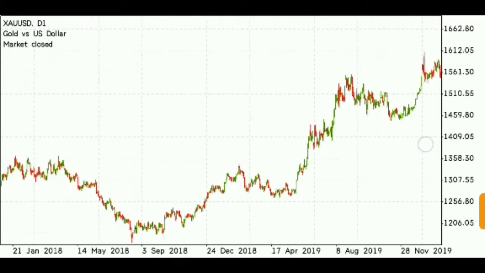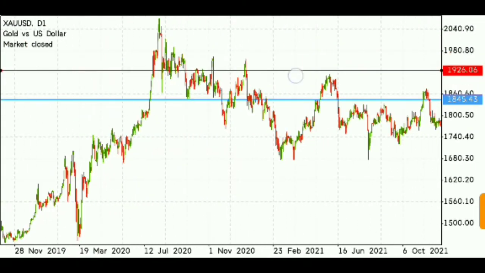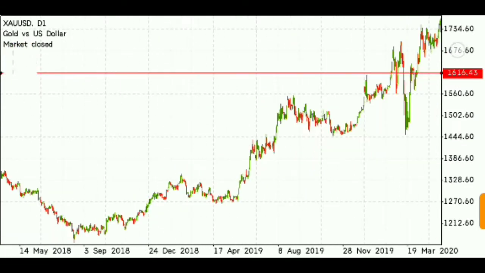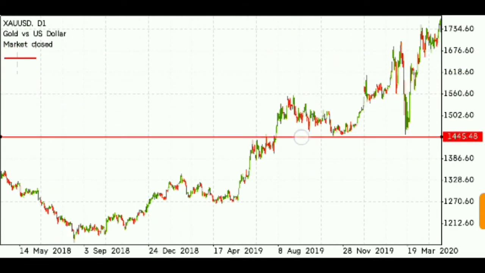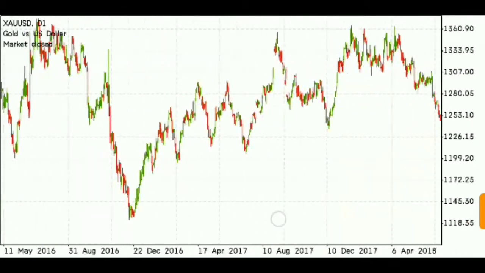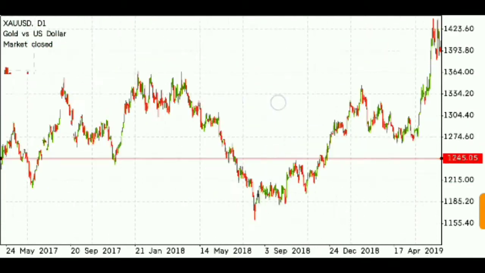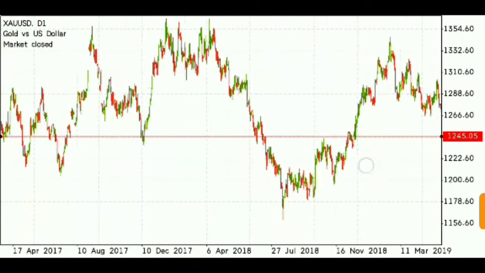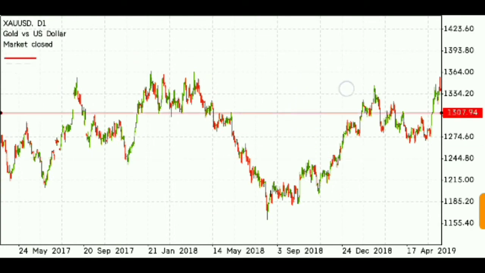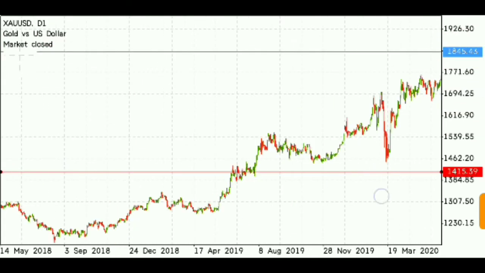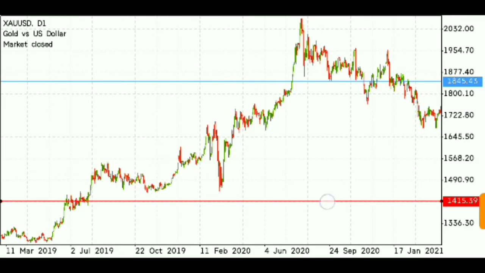Let me take it down a little. It will go all the way back. You can still bring it down so you see. So now I identified my key resistance level.